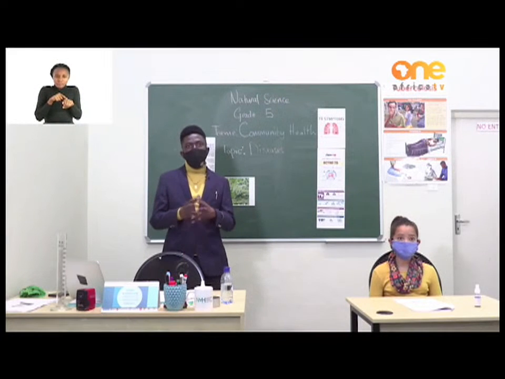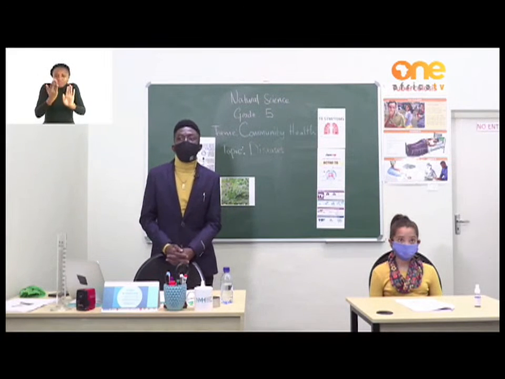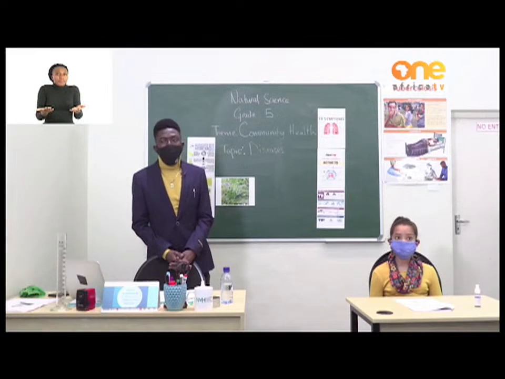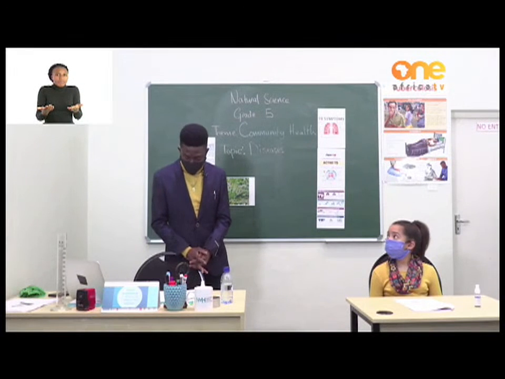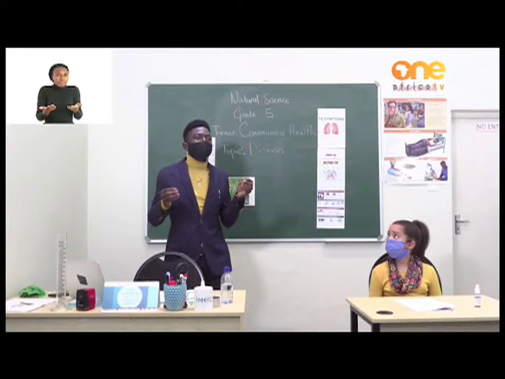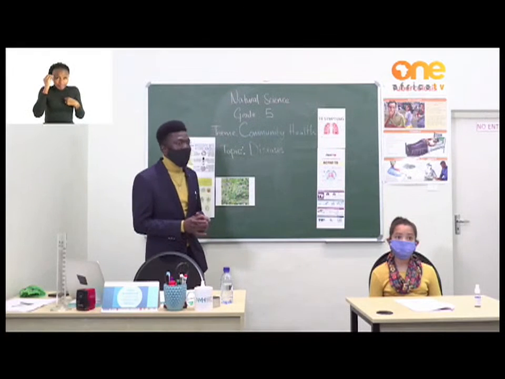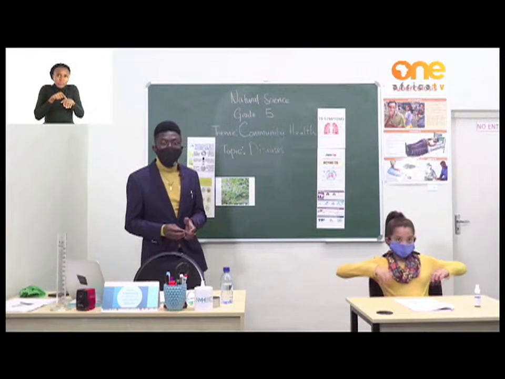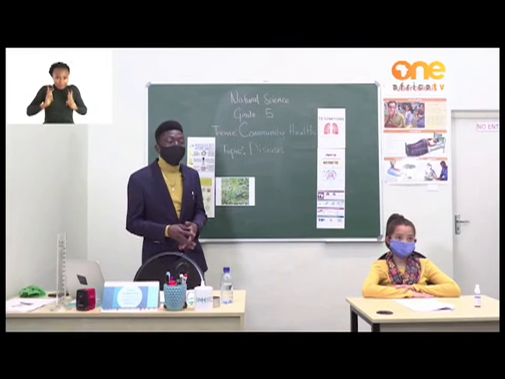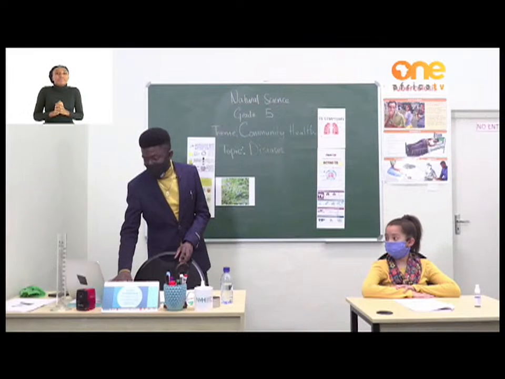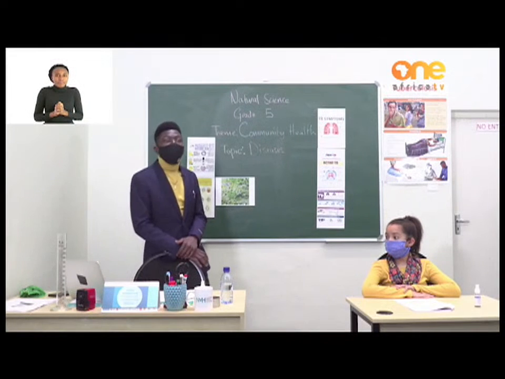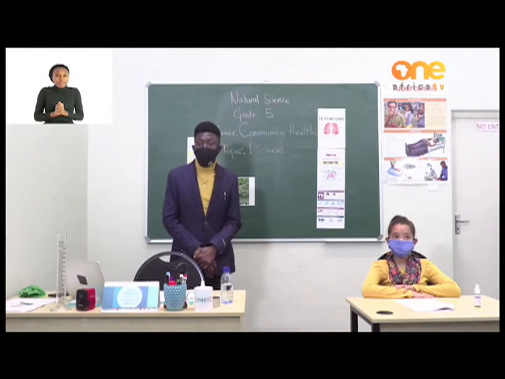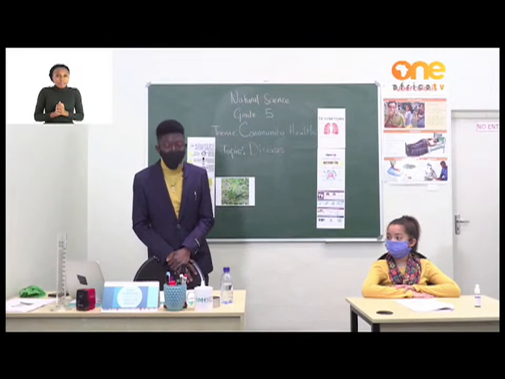We'll rather move on to the prevention measures of this disease. As we all know, malaria is caused by a protozoan, which is like a virus or an animal that invades the human body and causes dysfunction.